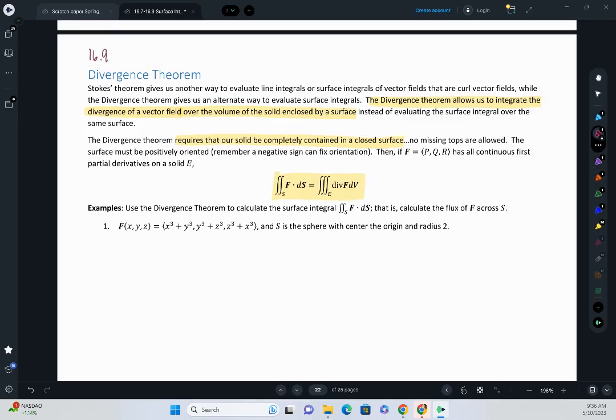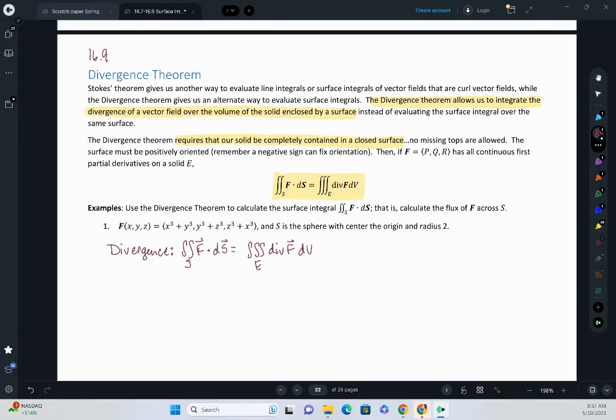We're going to use the divergence theorem to calculate a surface integral. So right away, before I do anything, I'm going to write divergence. Instead of calculating a surface integral of F dot dS, I'm going to use the triple integral over E of the divergence of F dV.